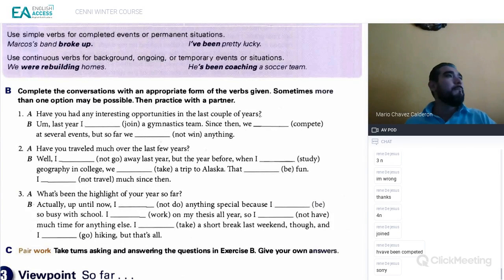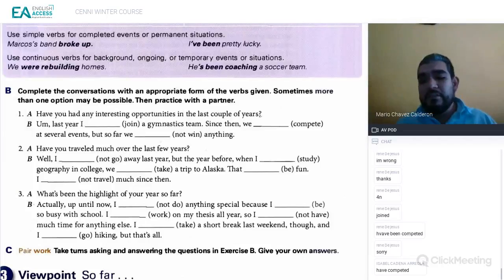Have been competed. Hemos estado competido, como que no suena bien. But hemos competido. That's correct, Isabel. Good job, Isabel. Okay. At several events.